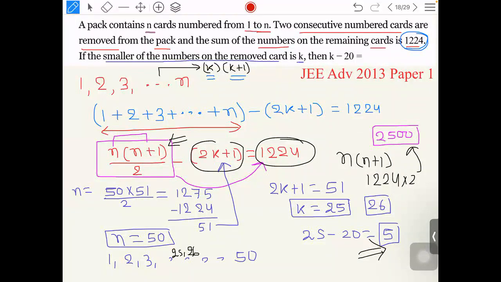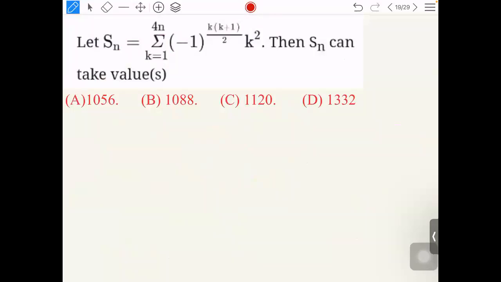Okay, Aditya. So should we move ahead? If you are able to understand it properly, very good, because these are JEE Advanced questions, not the Main questions. Next question is this one.